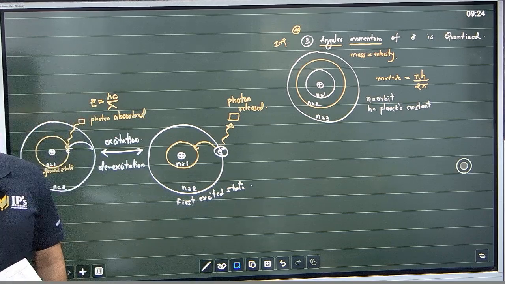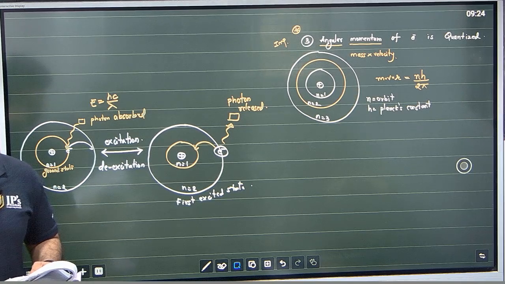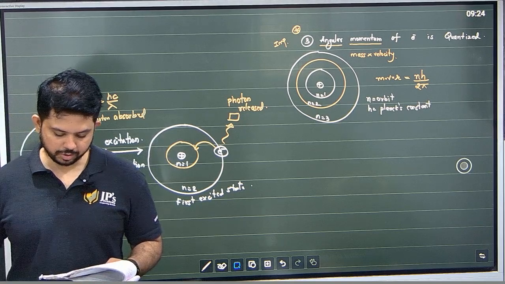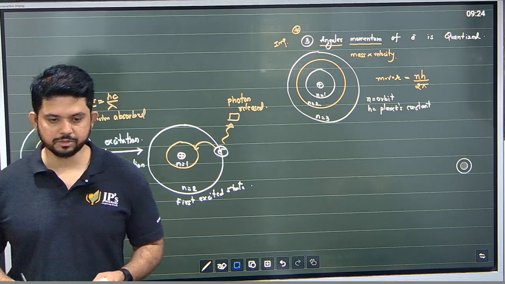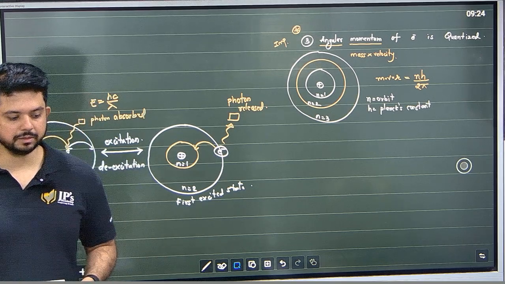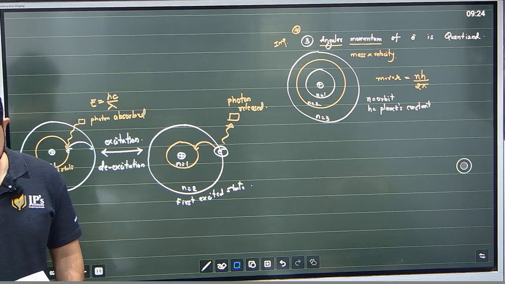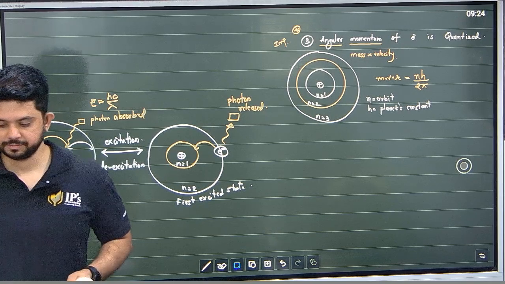This means that the energy of an electron in a particular orbit remains constant.